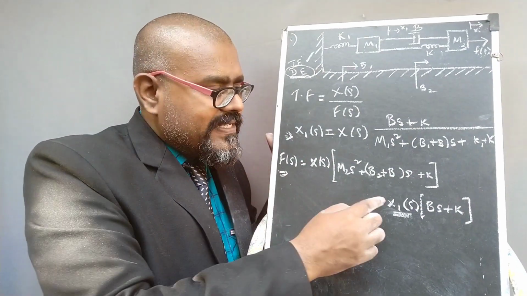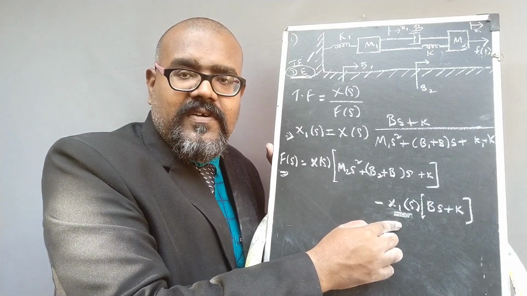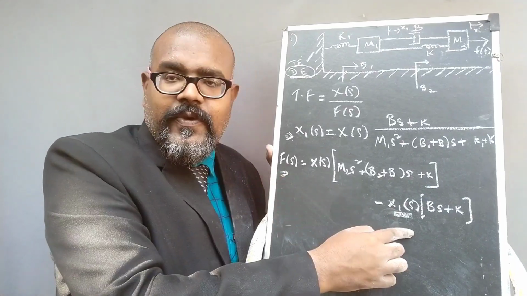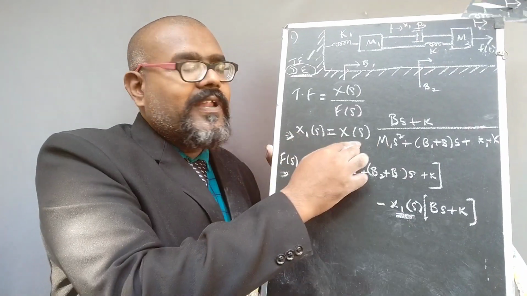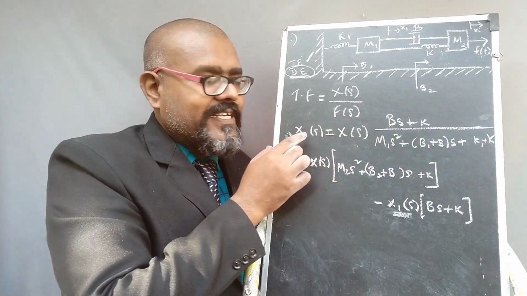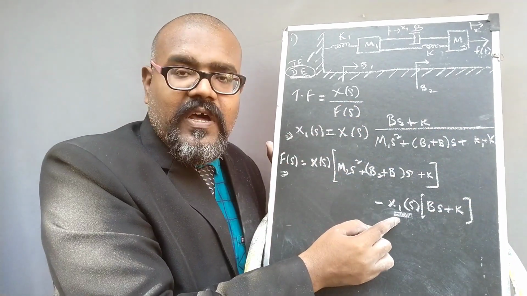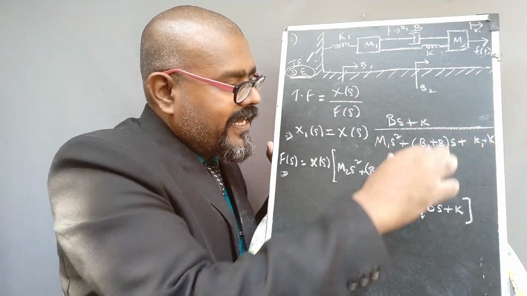So we substitute X1 of s from the second equation, that is the F of s equation, from this particular equation. The whole term is considered as X1 of s, so instead of X1 of s, substitute the whole thing here.